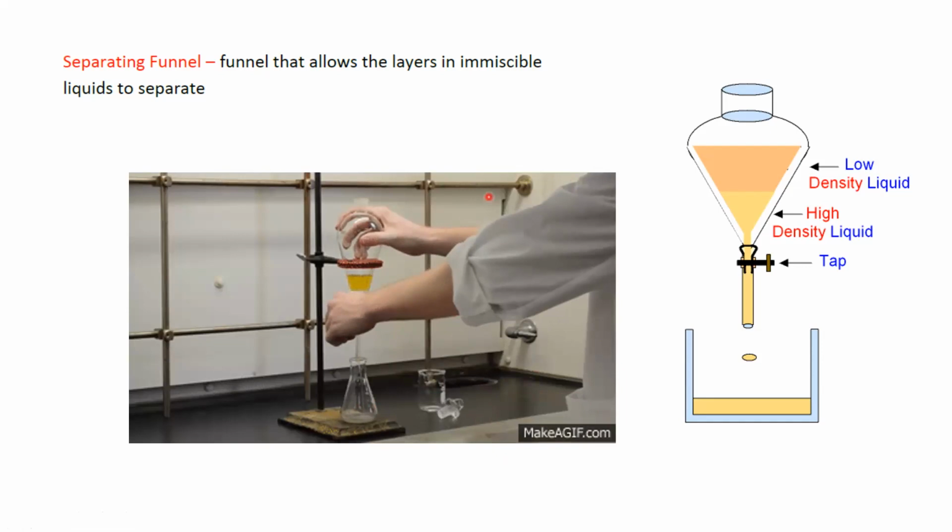It won't mix because, as I mentioned, this technique is used to separate immiscible liquids. The term immiscible means liquids which do not mix with each other. So if you want to separate immiscible liquids from each other, you can use a separating funnel.